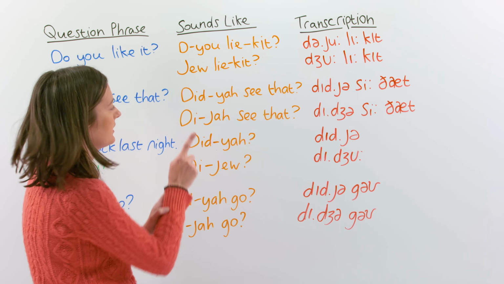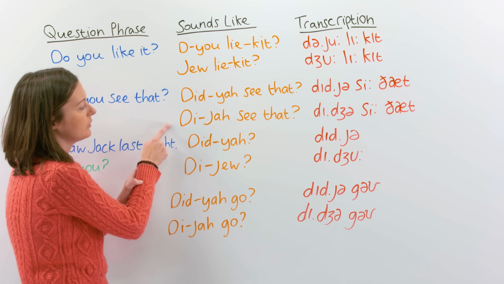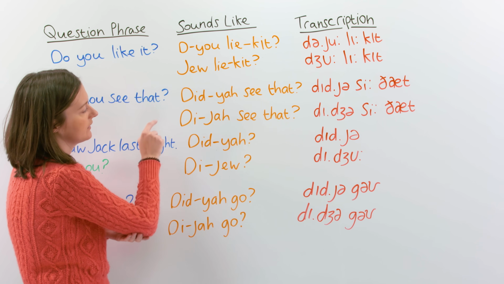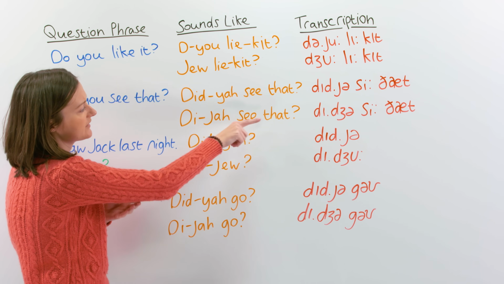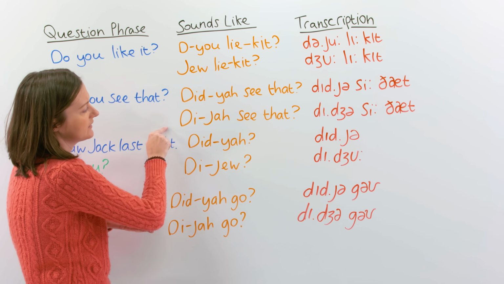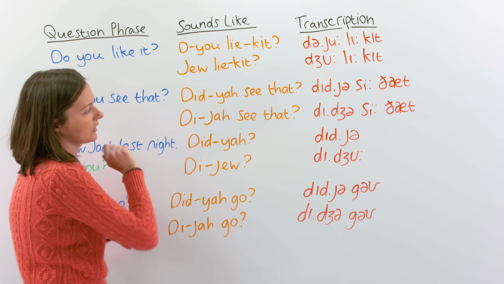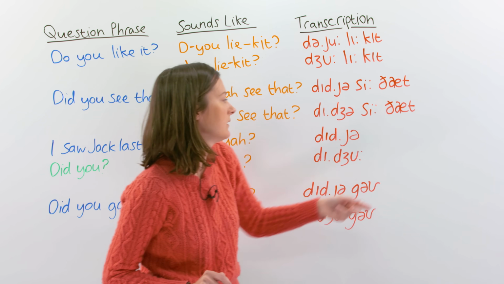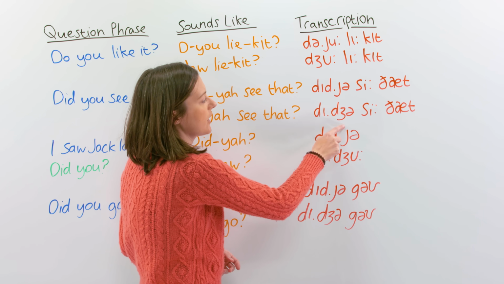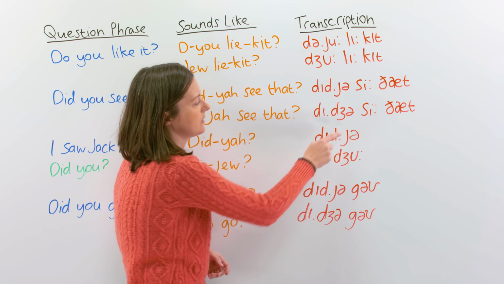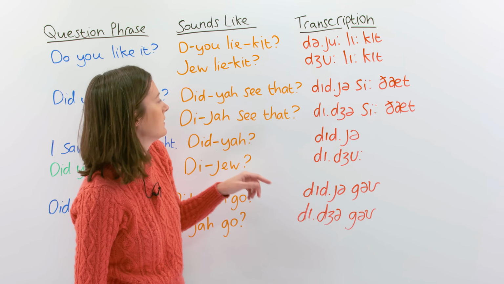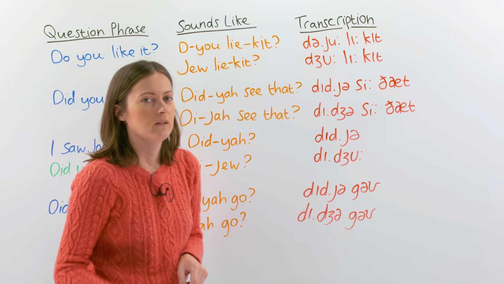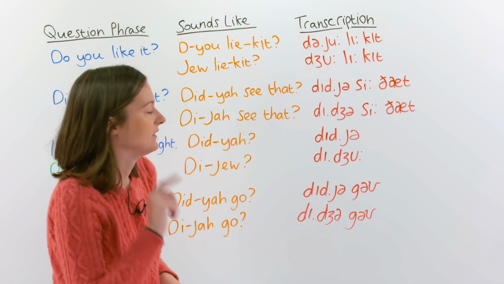Can you hear the difference between the first example and the second example? Did you see that? Yeah, ja. Did you see that? You have to listen really, really carefully.